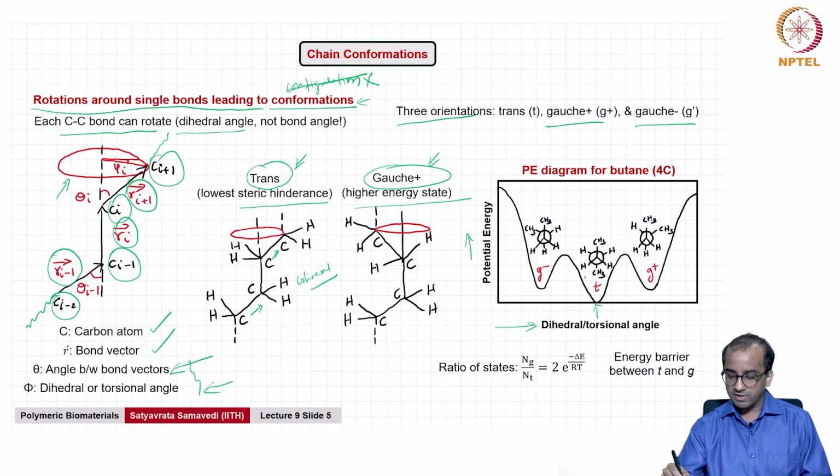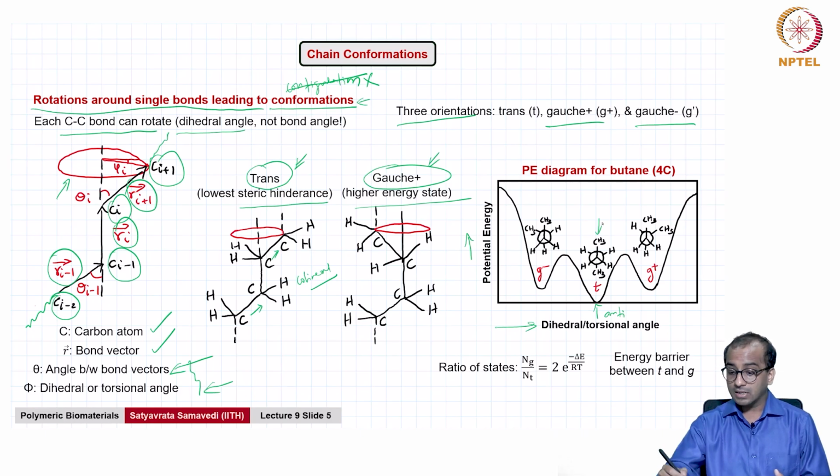What we are shown here is looking through the bonds along the carbon-carbon backbone, and what you see in the trans state is a fully staggered state, sometimes also called an anti-state, where there is absolutely no hindrance for you to see the atoms attached to the other carbon when you look from this side. So, it is in the fully staggered state where there is no overlap of the electron clouds, which means that this state is going to be the lowest energy state among all the states possible.